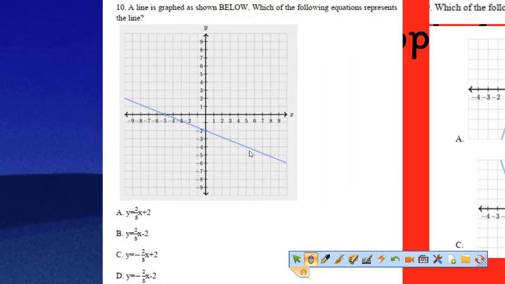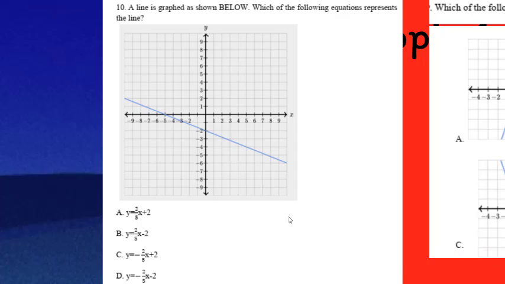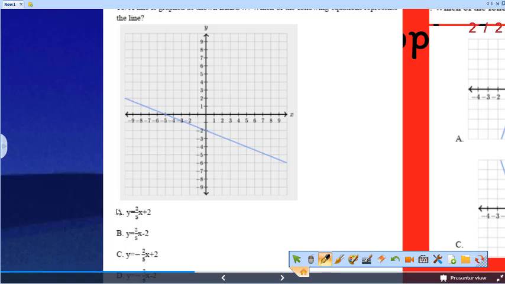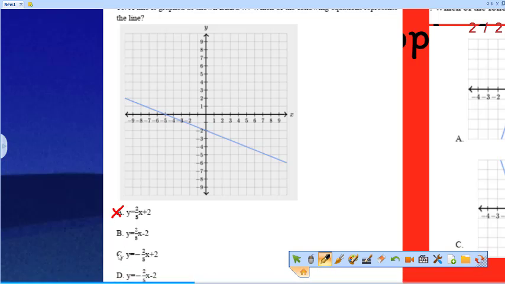It's a given graph. How would we determine equation which represents this graph? First, y-intercept -2, it means we have two answers wrong, which is A and C. Then we determine a slope from this two identical points on the line.